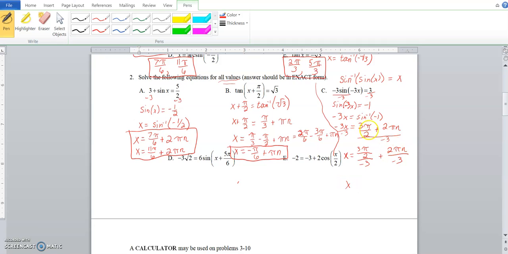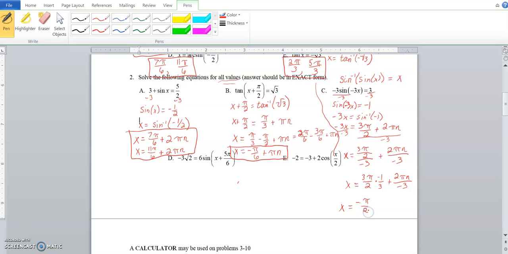So I just kind of broke the fraction so that the first term divided by -3 plus the second term divided by -3. So really x is equal to, well, 3 pi over 2 and then divided by -3. You could look at it as 3 pi over 2 times -1/3. Right, so that's 3 pi over 2 times -1/3 plus 2 pi n.